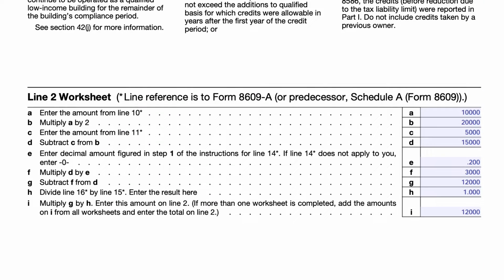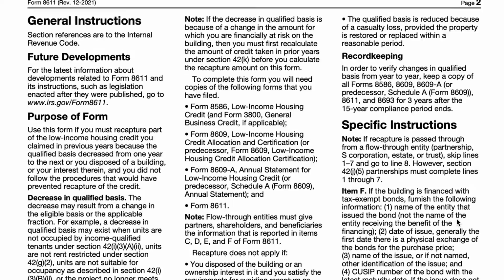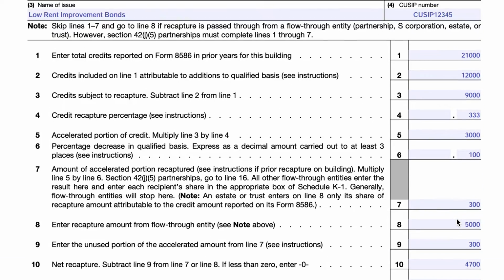So in this case, Doe Enterprises owns 100% of the property. Doe Enterprises is eligible for this entire amount. So we're going to enter $12,000 back up here in line 2. So now we're going to subtract that from line 1, and $9,000 is the credit that is subject to recapture.